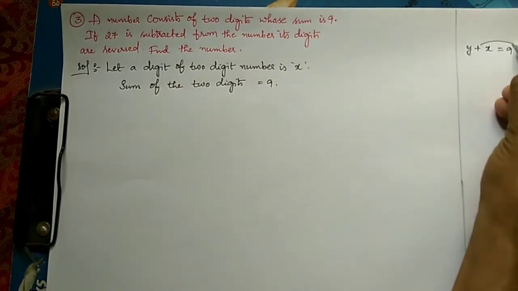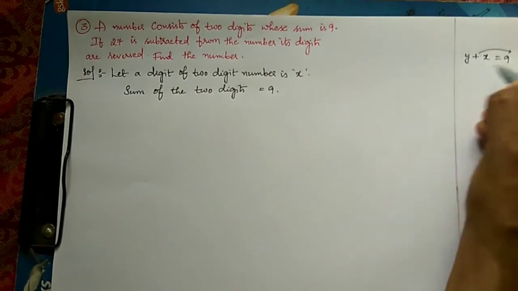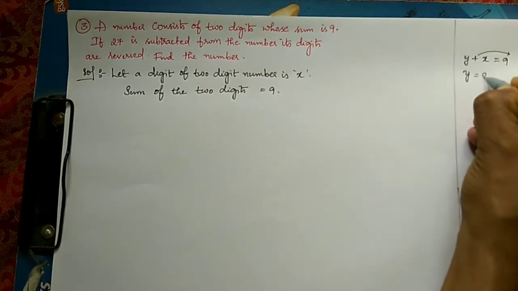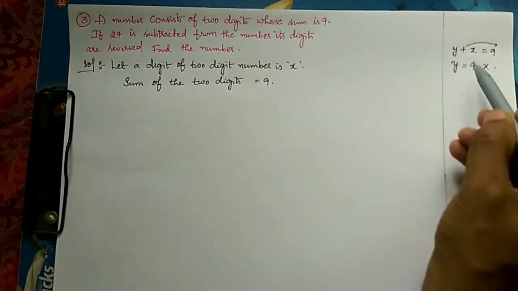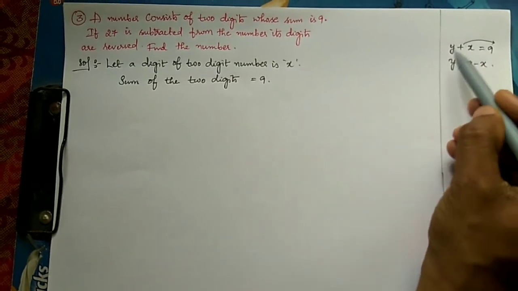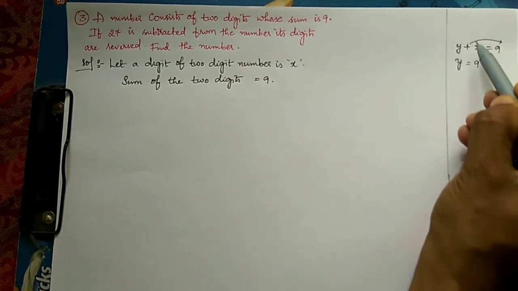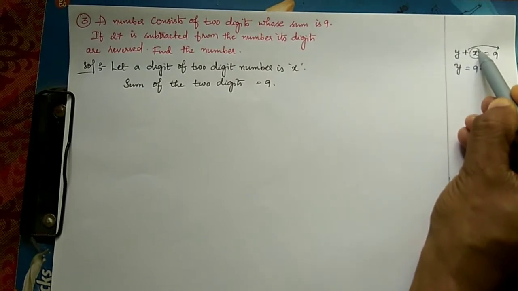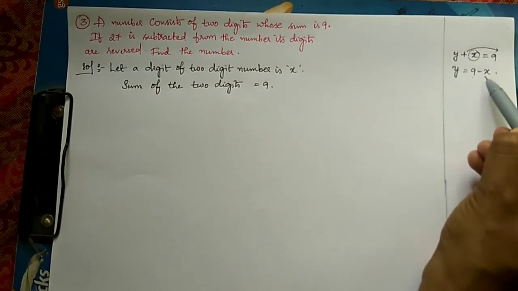If I transpose this plus x to the right side, it becomes minus x. That means y is equal to 9 minus x. So this becomes the second digit. That means the sum of these two digits is 9, and if one of the digits is x, the other digit becomes 9 minus x.